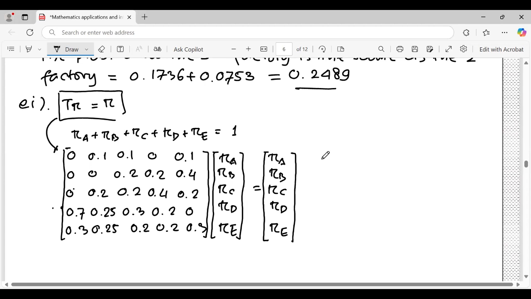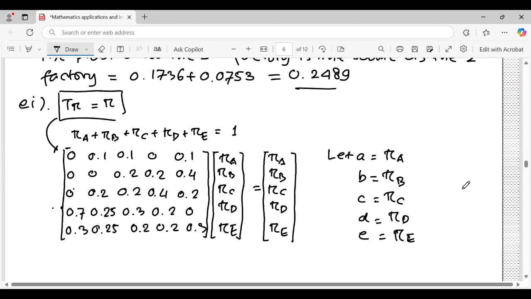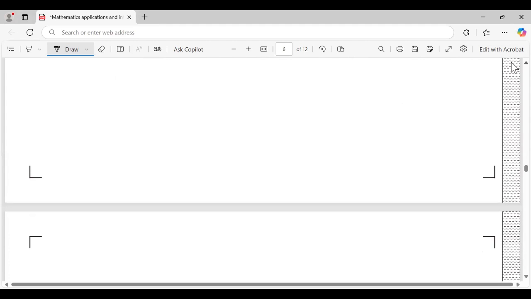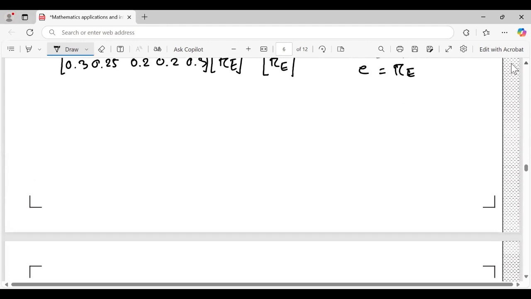Now we are going to simplify. Let A equal pi A, B equal pi B, C equal pi C, D equal pi D, E equal pi E, to make identification easier. Based on this information, we can write 6 equations. The first is A plus B plus C plus D plus E equals 1.